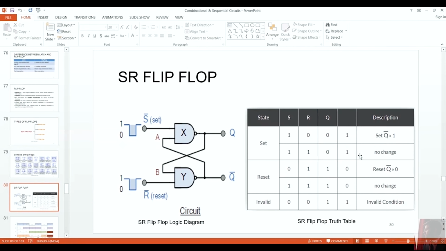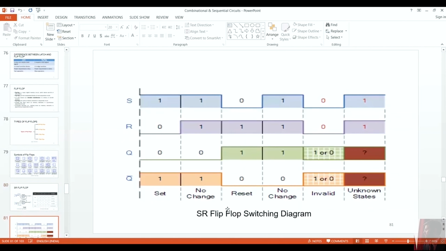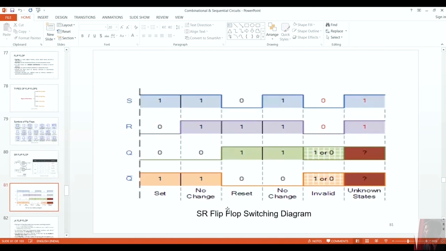So you can say set and reset. I'm giving 1 0, so output would be 0 1, so set, Q bar equal to 1. When it is 1 1, the output will be 0 1, no change. In reset, the Q bar has to be 0 and then again no change. In the case of 1 1, when I give it, it's an invalid condition, it is not available, because Q and Q bar have to be opposite to each other, because bar represents the inverted value.